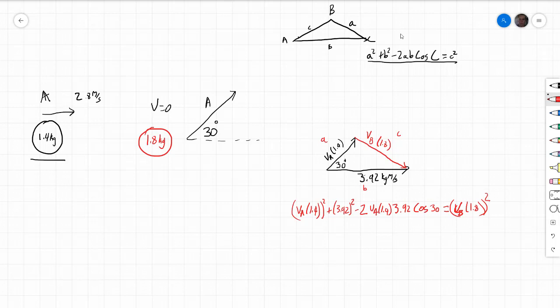And we'll simplify that in just a minute. Actually, we'll go ahead and simplify that now. So 1.4 squared is 1.96. So I have 1.96 VA squared plus 3.92 squared is 15.3664, minus 2 times 1.4 times 3.92 times cosine 30.